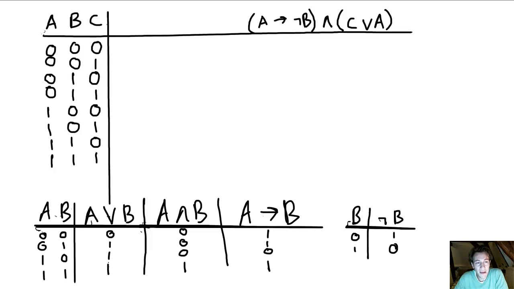Well, now we got the basics. We can move on to the bigger formulas. So we got a big formula over here, and we want to know the truth table of this one. So we have if A, then not B, and C or A. So how in the hell are we going to evaluate this and how are we going to start?